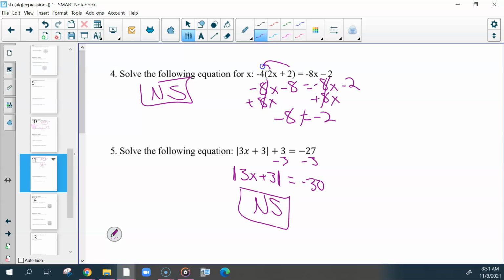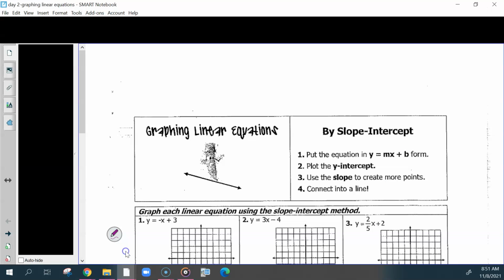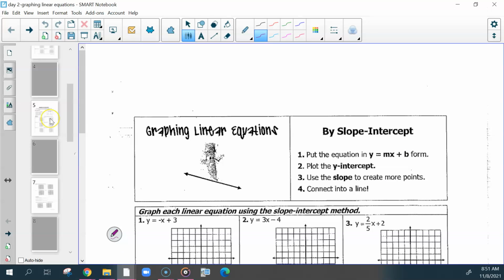Those of you that have your computers, you don't need them right now, so you can close them and put them away so they don't distract you. Take out your notes from last class, the graphing notes, and turn to this page.